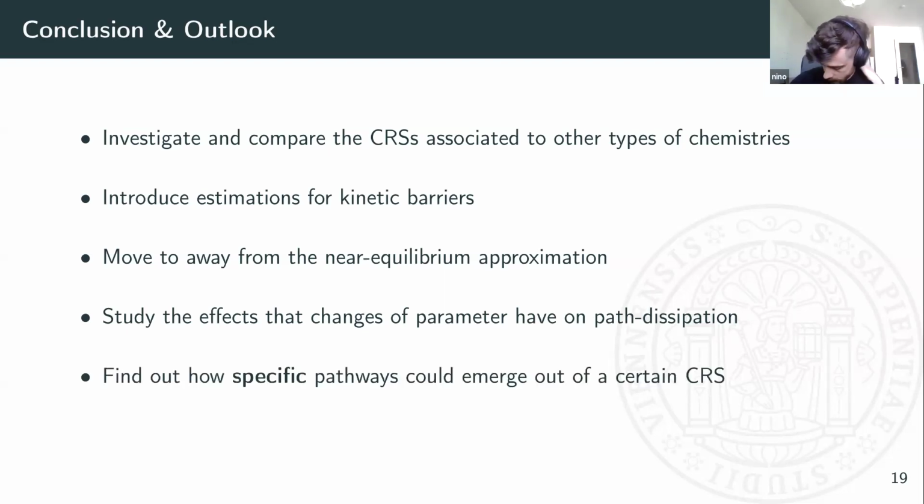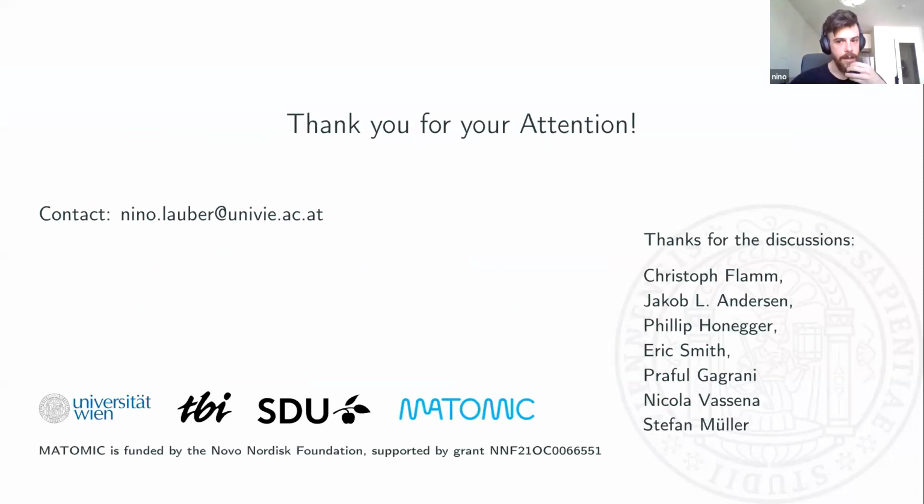And then in principle, this should all lead to answering the question of, once you have a certain chemical reaction space in place, how specific pathways could emerge out of this chemical reaction space. And that was more or less it.